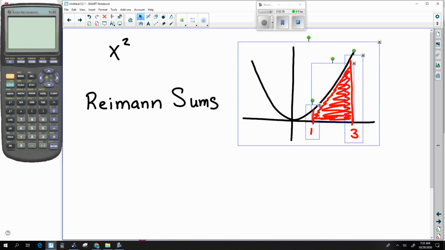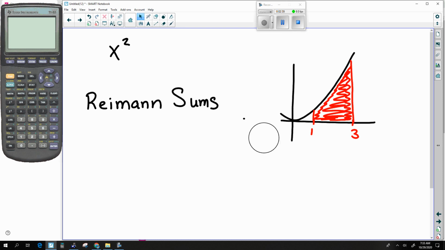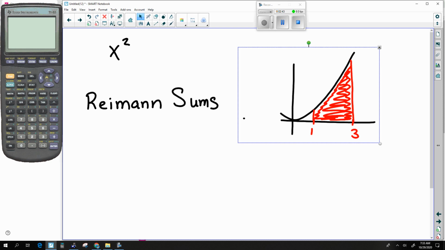Say I do want to know that area from 1 to 3. Let's get rid of some of this unneeded area here. All right, I want to know what is the area from 1 to 3. Here it is.